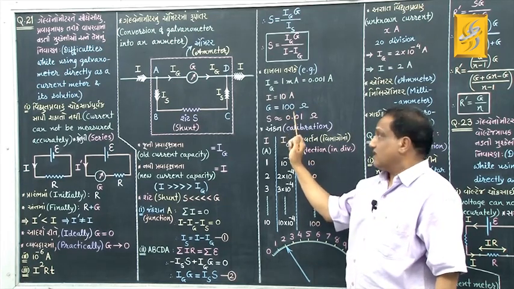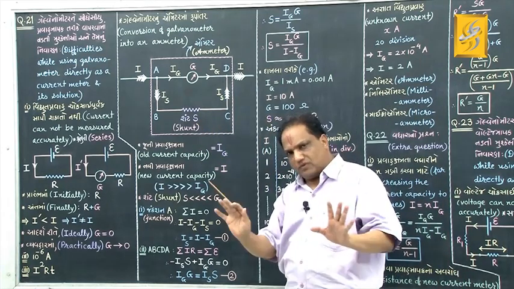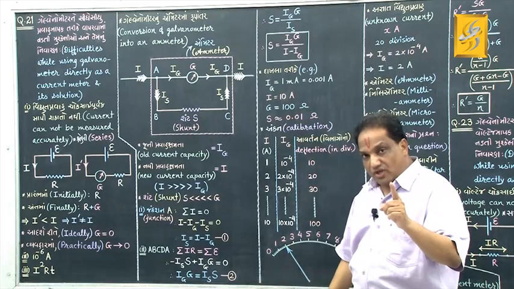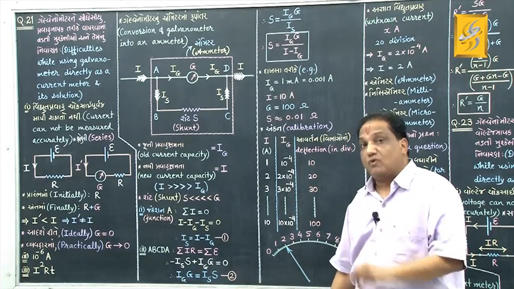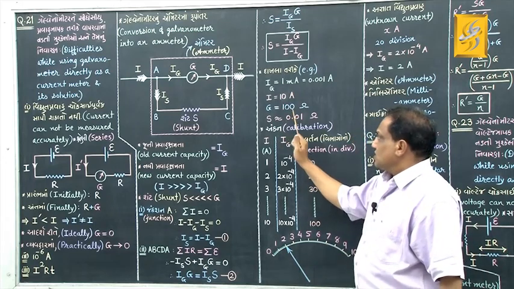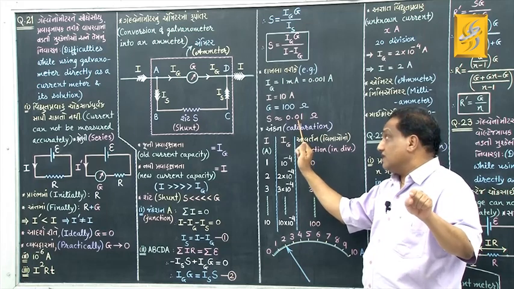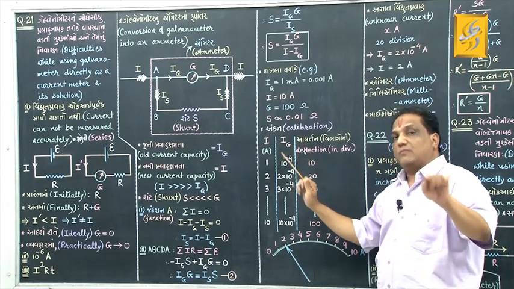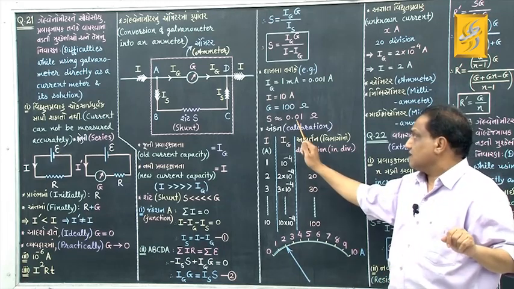This divided by 10,000 will give you 0.01, correct? I mean to say this resistance is very, very small. Now for a parallel combination of two resistances, equivalent resistance will be smaller than the smallest. Among these two, this is the smallest, and now equivalent resistance will be still smaller than this. Suppose it is 0.0099, which is very small as compared to this.